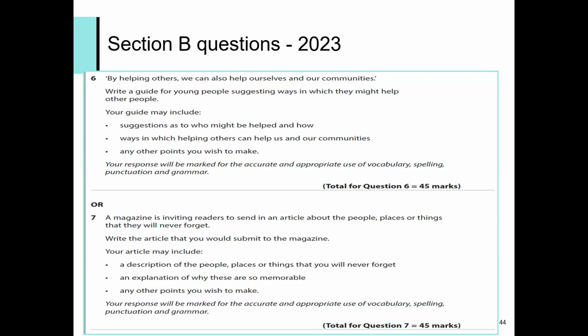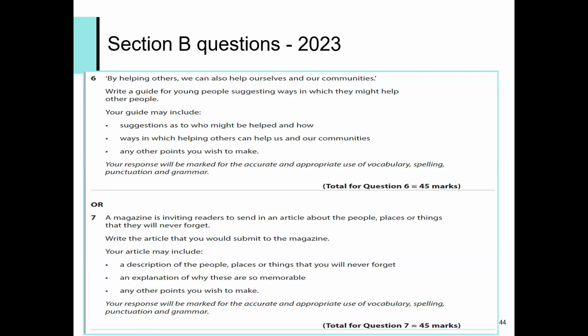Your guide may include suggestions as to who might be helped, ways in which helping others can help us and our communities, and any other points you wish to make. So there's a scaffold there if students want to use it, and then students are reminded that your response will be marked for the accurate and appropriate use of vocabulary, spelling, punctuation, and grammar.